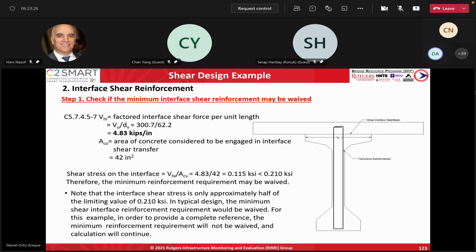Based on these calculations, the final result is 0.15, and the minimum value is 0.21. So that means that we really don't need to provide more shear transfer reinforcement. But still, for this example, we're just going to continue and calculate the required reinforcement.